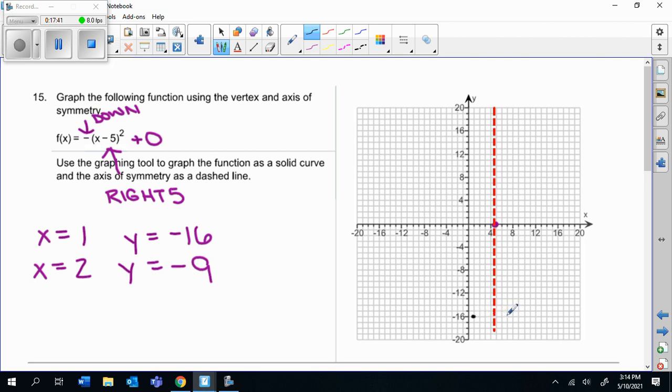So 1, 2, 3, 4 spaces away, there's going to be a point there. If x is 2, it's going to be there. This is 3 points away because I'm not exactly lined up there.